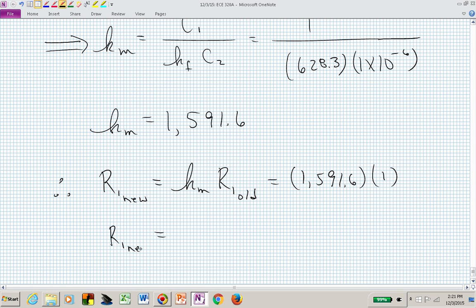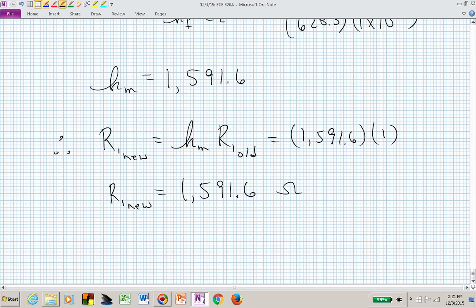R1 new now is equal to 1,591.6 ohms. R2 will be similarly computed. R2 new is K sub m times R2 old, and again that becomes 1,591.6 ohms.